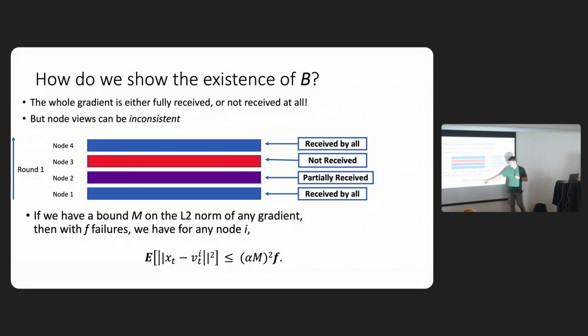All I want to show here is that in this simple example, this is upper bounded by a constant. This doesn't depend on time. This only depends on the number of failures, the magnitude of every gradient, and the learning rate that we're using. So for my framework to work, this would be sufficient.